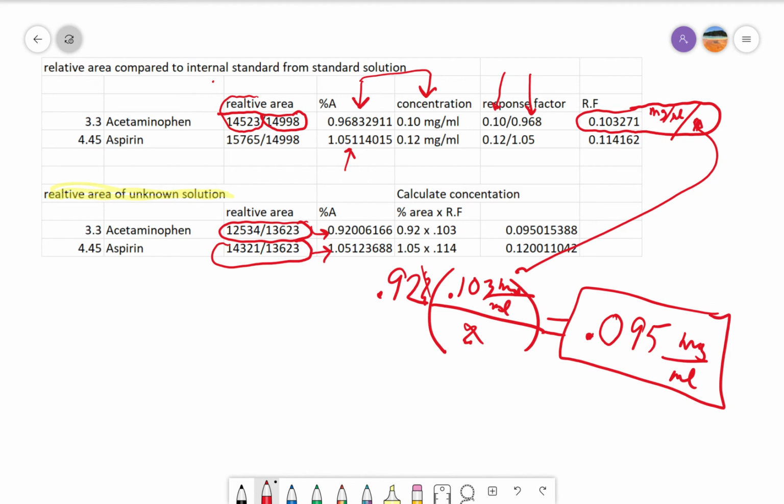This tells us what the concentration of the unknown solution is.